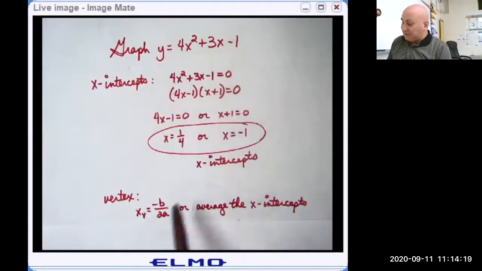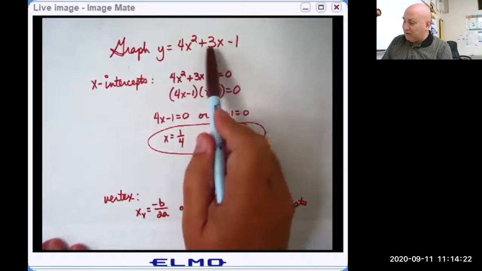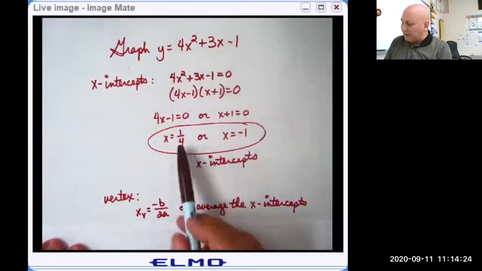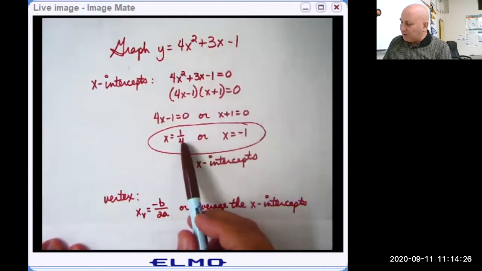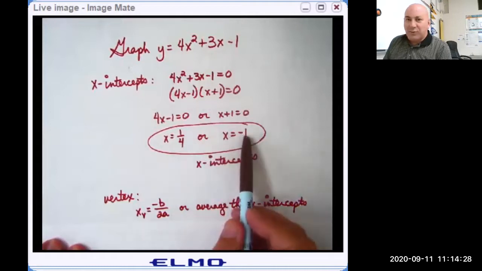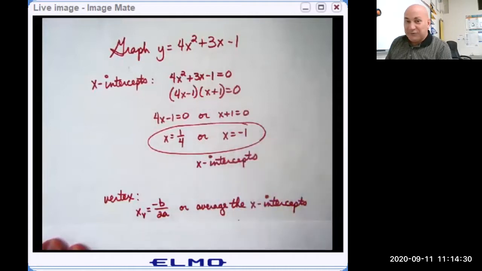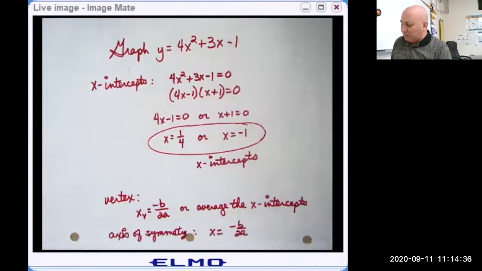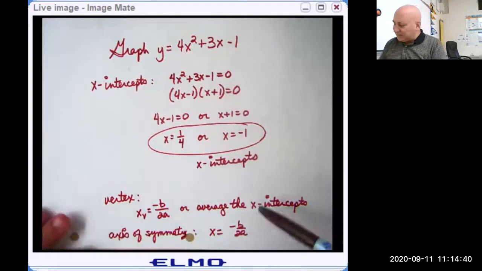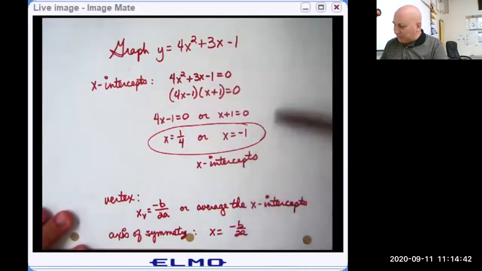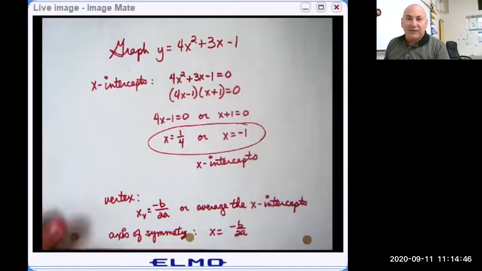And again, it's either negative 3/8, or you average these two numbers: add them, you get negative 3/4, divide by 2, negative 3/8. So either way, the x-coordinate of the vertex is at x equals negative 3/8. And the axis of symmetry, the line that would run through the middle of the parabola, is x equals negative 3/8.